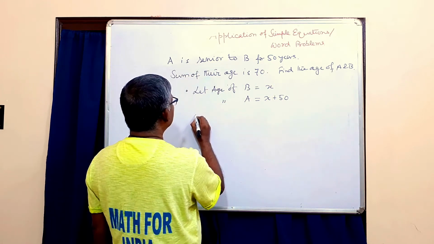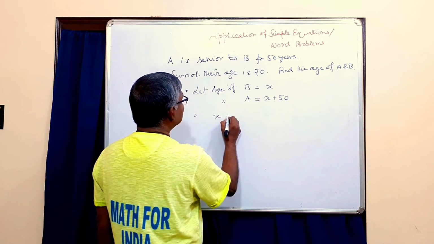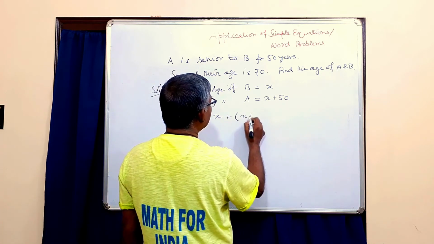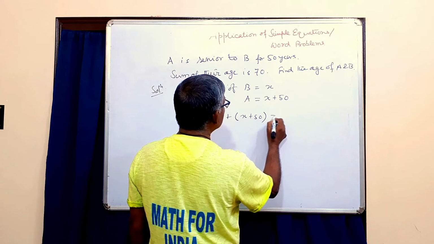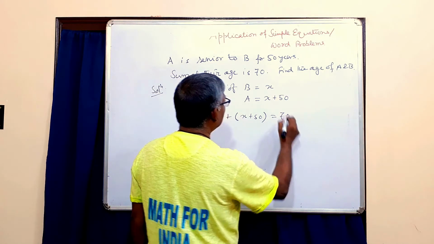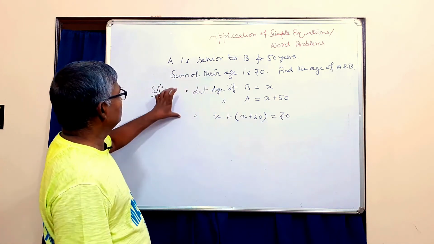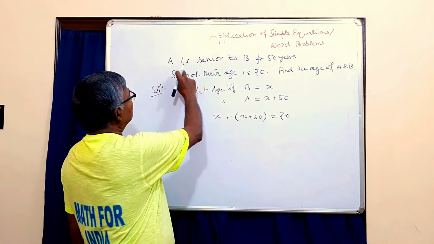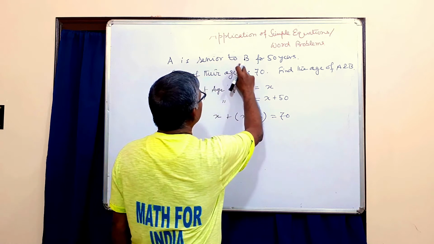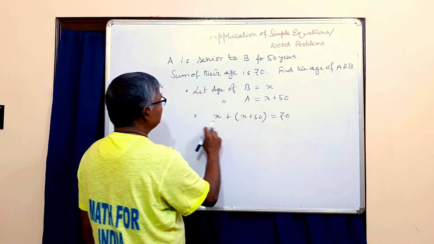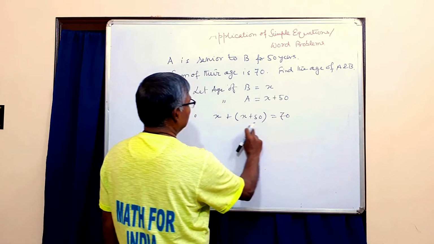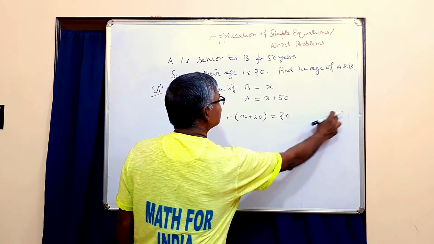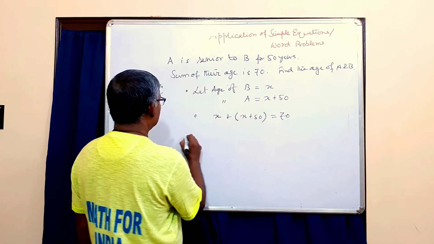Here the problem is x plus 50 equals 70. So just see, the word problem written in words is expressed in terms of algebraic expressions, then we solve.